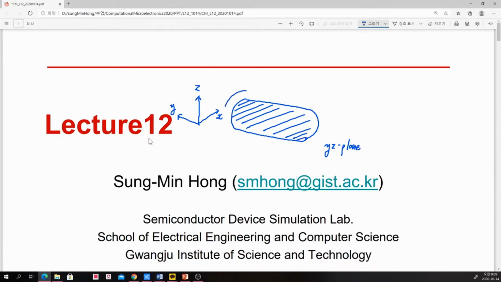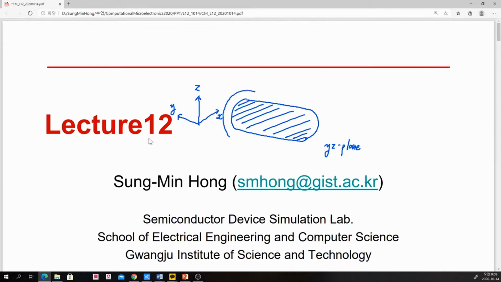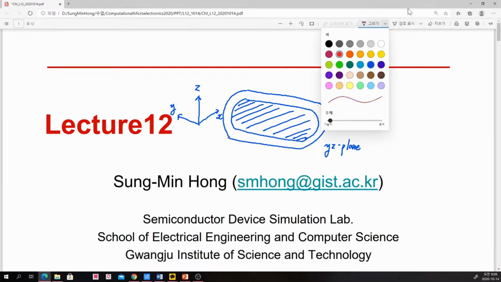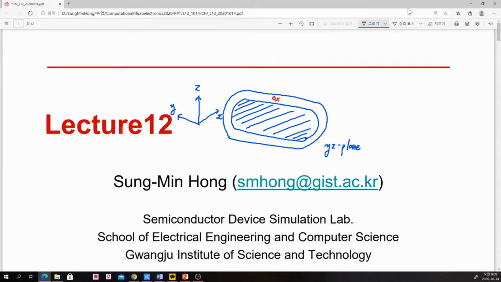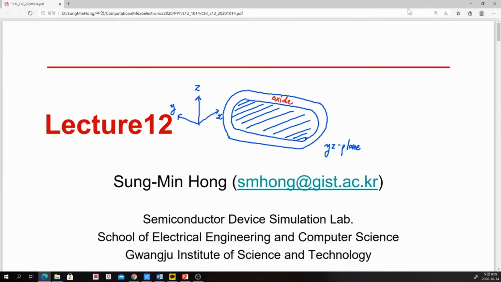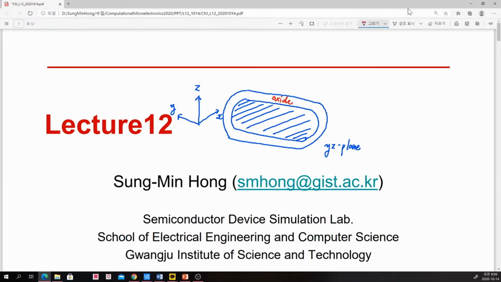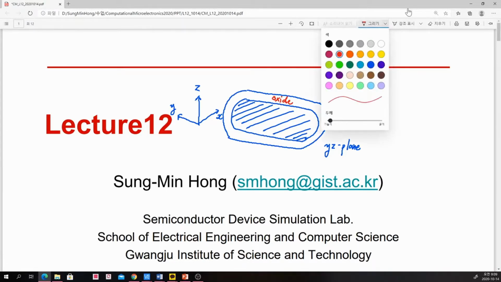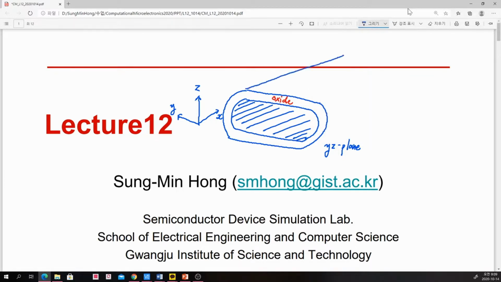Then this is covered by another region, which is made of silicon dioxide, and assume that this structure is expanded along the x direction.